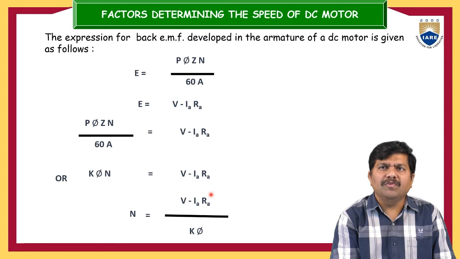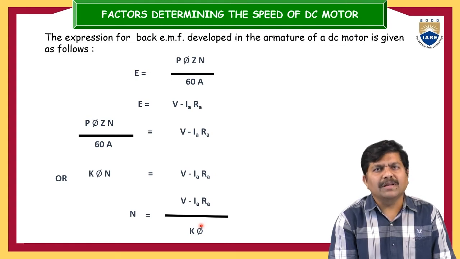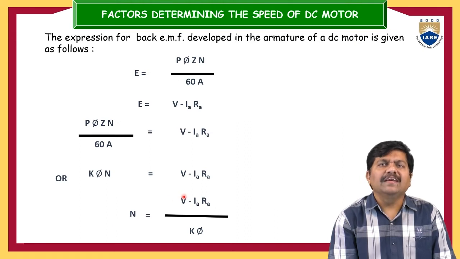Now if you want to vary the speed, speed is a function of voltage and of the armature. The armature terms are the parameters associated with the armature, and the flux phi is related to the field coils or shunt field. So speed depends on the supply voltage, the armature circuit and the field circuit.